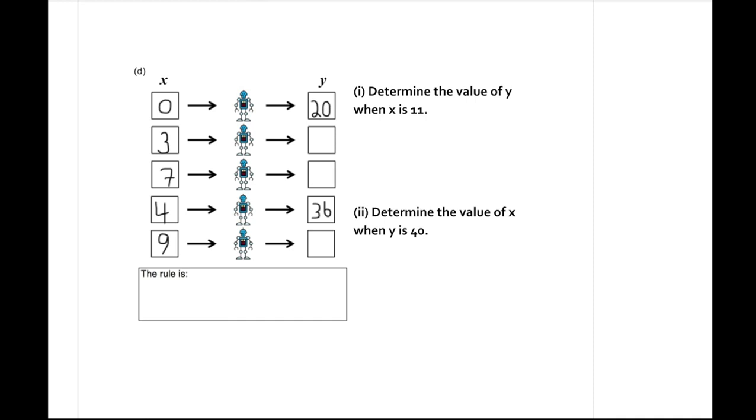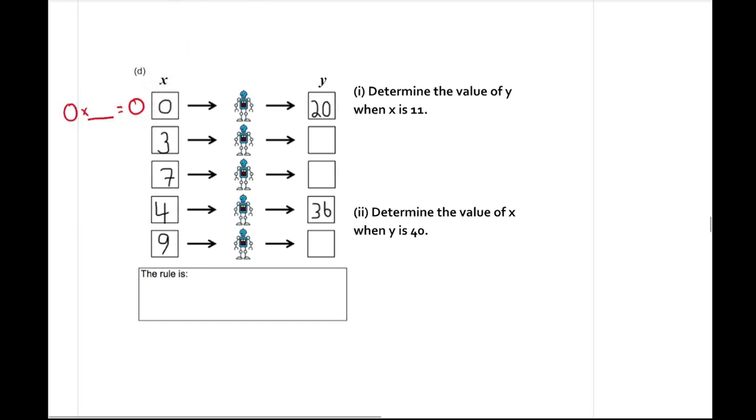So we need to think of something else. One thing you might be able to recognize is this first value here, 0. And why is that important? Well, 0 multiplied by anything is going to equal 0. It doesn't matter what I multiply it by, it's always going to be 0.